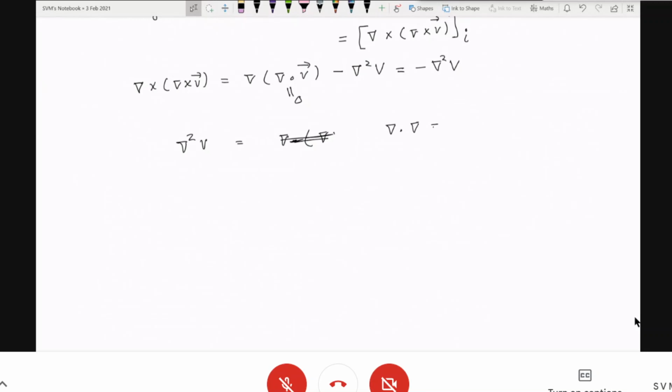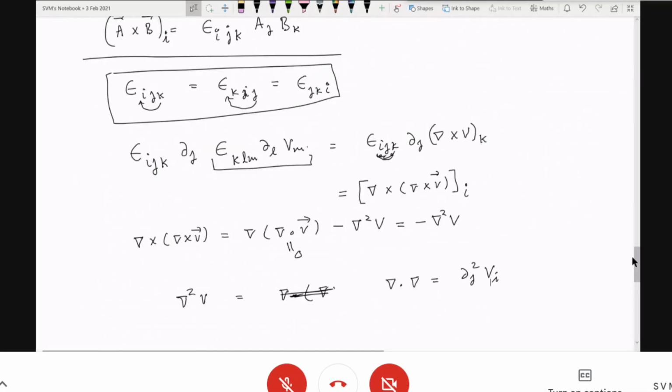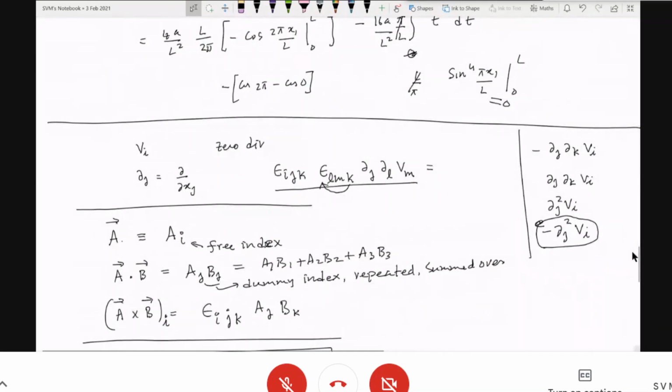Okay, so del dot del is dou j square, and V is Vi. That's correct. So the last one is correct. This one is minus dou j square V. Is that clear?